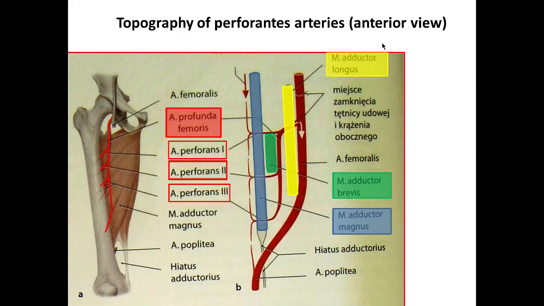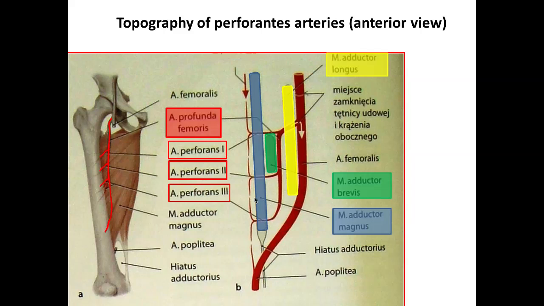Why do we need such a scheme? First of all, to understand that the first perforans goes superiorly to adductor brevis, and the second perforans goes inferiorly to adductor brevis, and the third perforans goes most distally and at the same distance penetrates musculus adductor magnus.